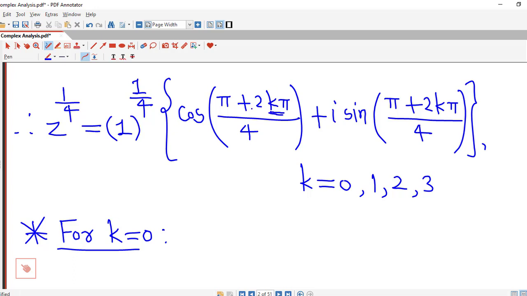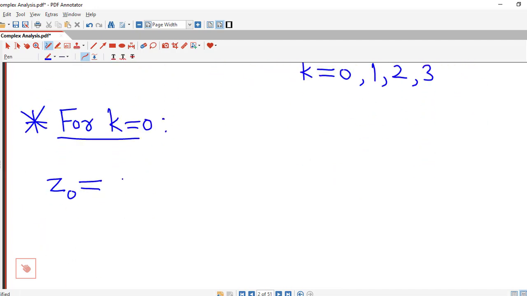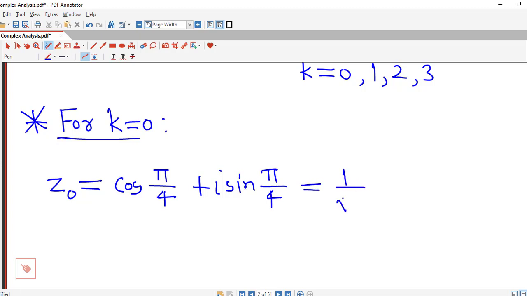Here 1 raised to 1 by 4 is 1, and if we take k equal to 0, we have pi divided by 4, and the same thing here. So for k equal to 0, we have cos pi by 4 plus I sin pi by 4, and we know that cos pi by 4 is 1 over root 2 and sin pi by 4 is also 1 over root 2.